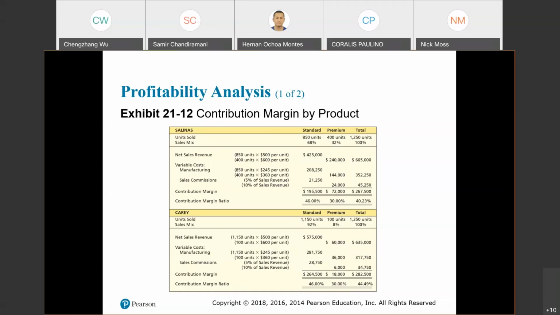The second question to consider is, should the premium model have a higher sales commission than the standard model? Thirdly, what steps can the company take to improve the contribution margin ratio on the premium model: increase the sales price, decrease the sales commission, or decrease the variable cost of goods sold?